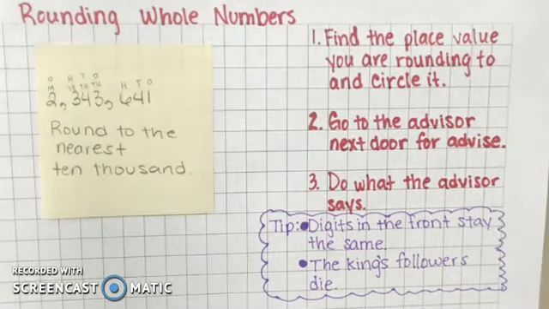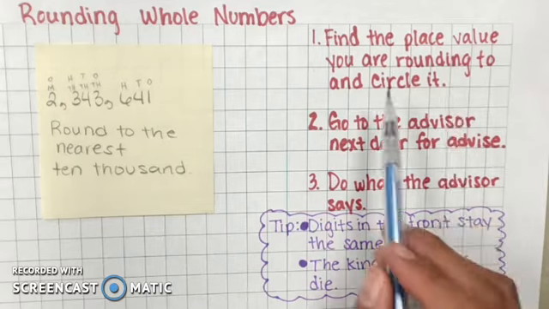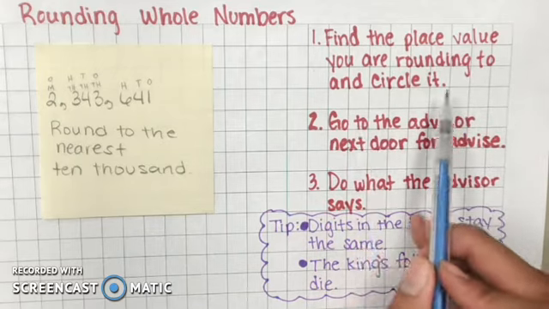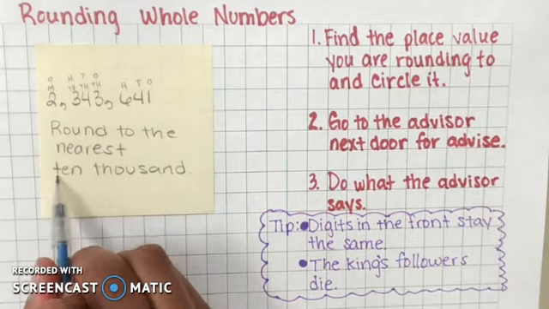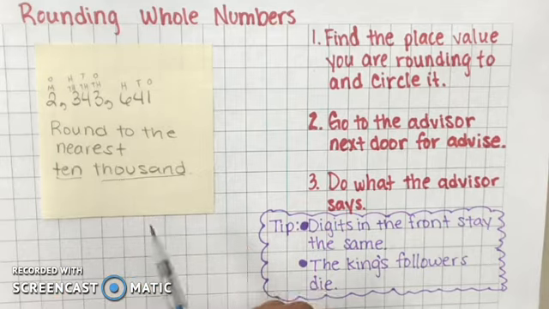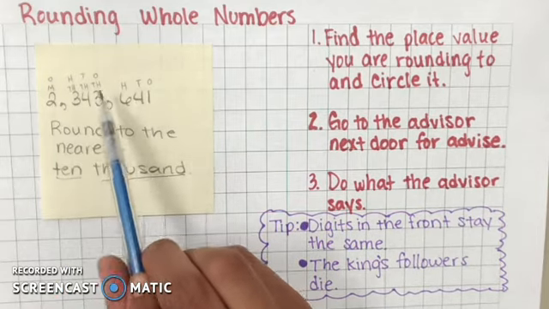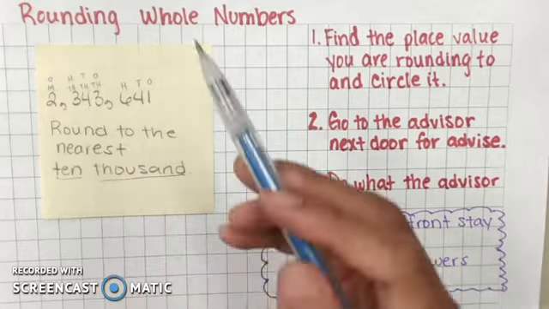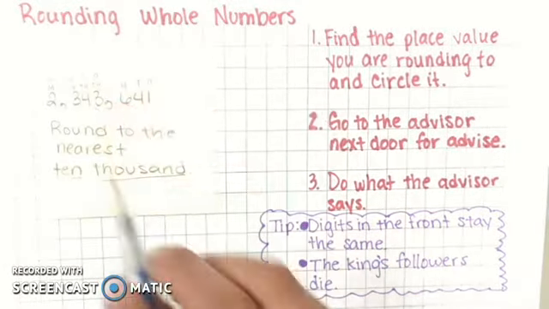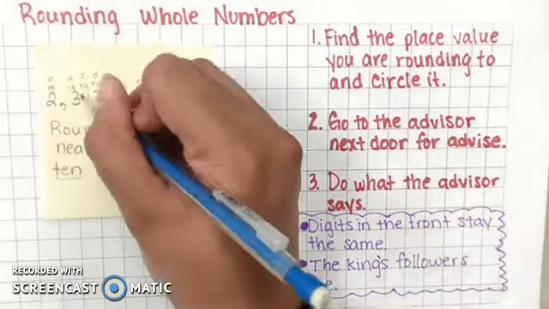Okay, and then I still have to find the place value that I'm rounding to and circle it. They're asking me to round to the 10,000s place value. So here I have a 10, but it's not a 10,000. So I need to go find my 10,000, which is the digit 4. And I'm going to circle it.